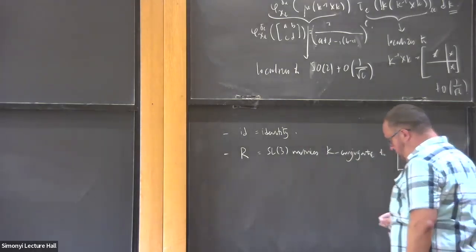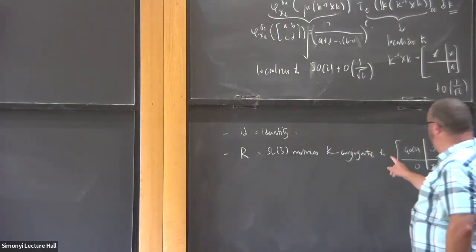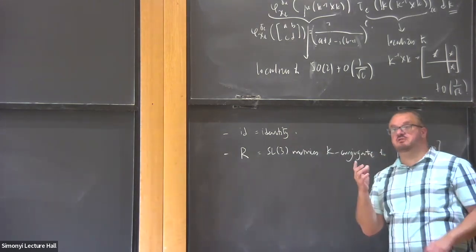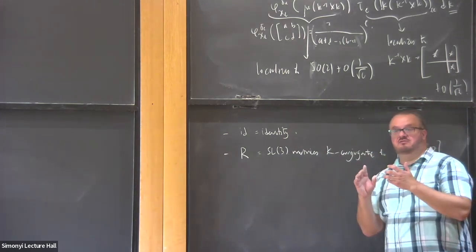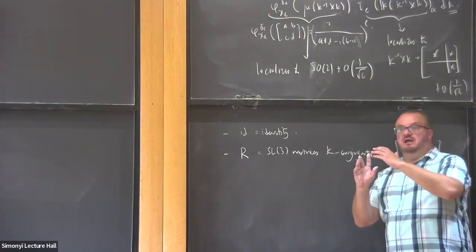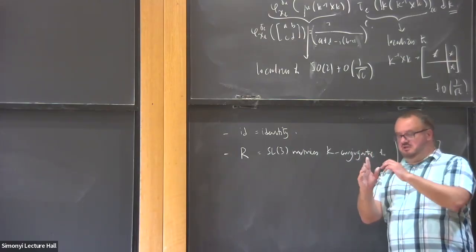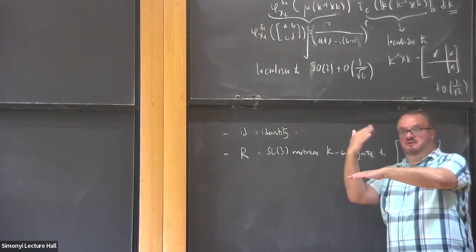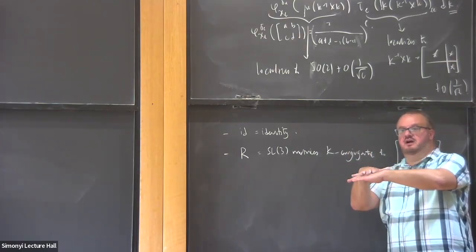So when I say that I can describe my matrices up to K conjugation, that means I can describe what these matrices do geometrically. They are 3x3 matrices, so I can think about them as transformations of R3.